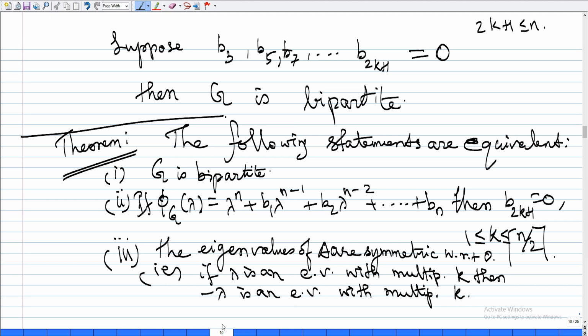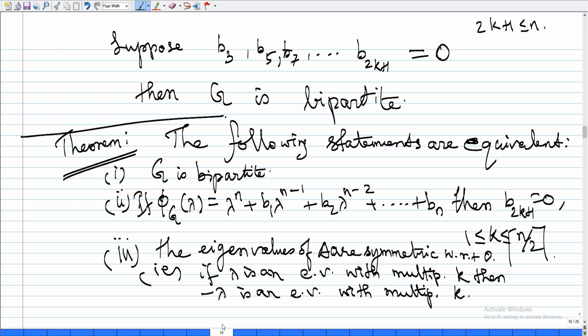If we know the characteristic polynomial has all the odd coefficients B 2k plus 1 to be 0, then what can we say about the eigenvalues? Or knowing that the eigenvalues follow this pattern, can I conclude that the characteristic polynomial will be like this? It is a very subtle detail that we need to fill in the gap here.